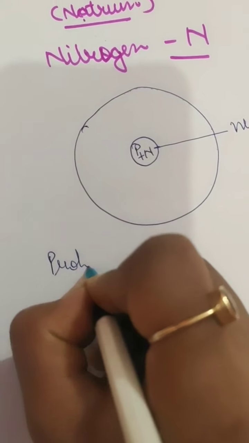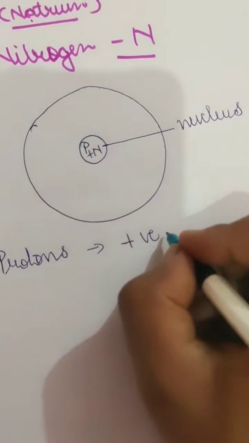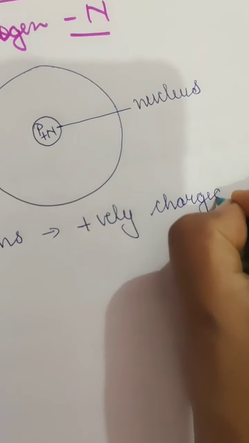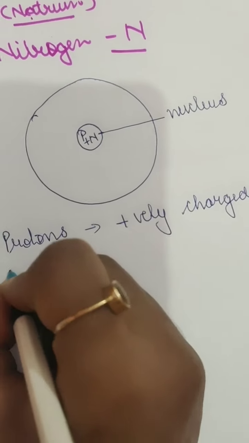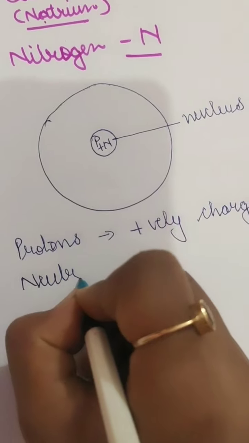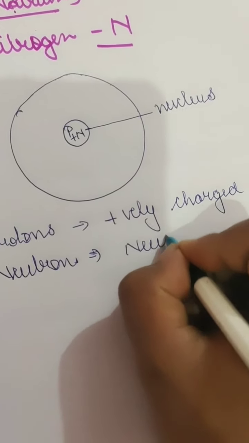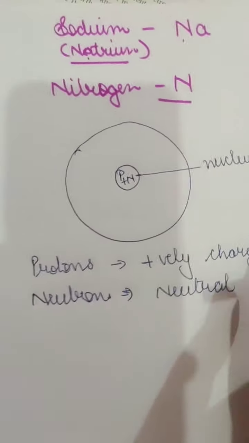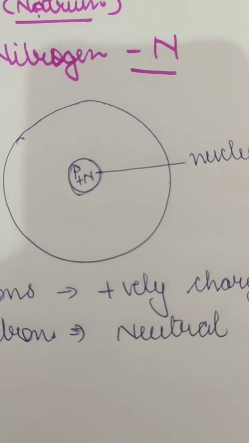So what are protons actually? Protons are positively charged particles, and neutrons are neutral. They don't have any charge, neither positive nor negative, and both of these reside in the nucleus.